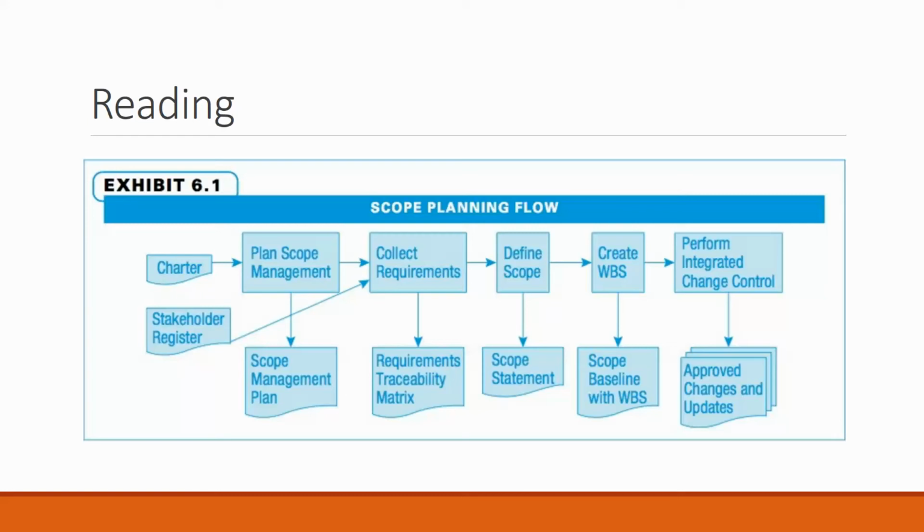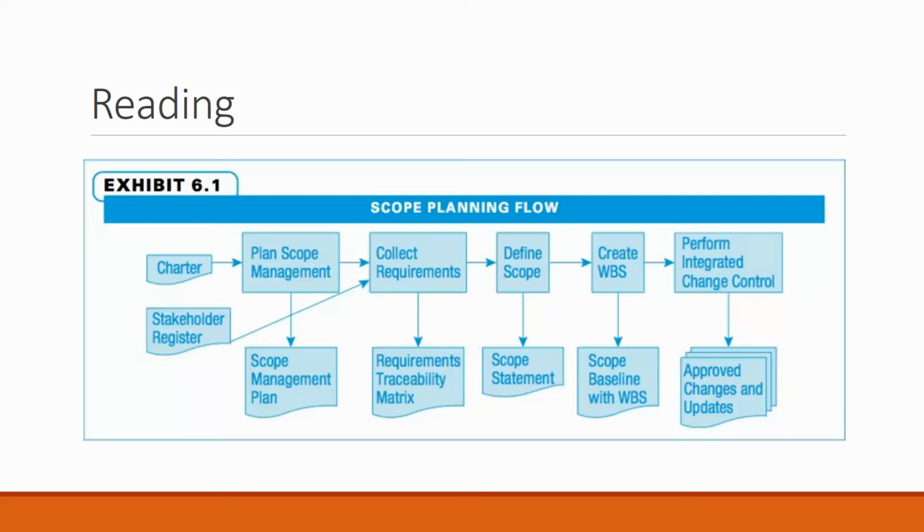Then notice that an input is also our stakeholder register, because after we plan our scope management plan, we go into gathering requirements, because we don't know what our scope of work is going to be until we gather requirements. Now, our stakeholder register helps us know who to go talk to and why we need to go talk to these people regarding the requirements that we have for our project.